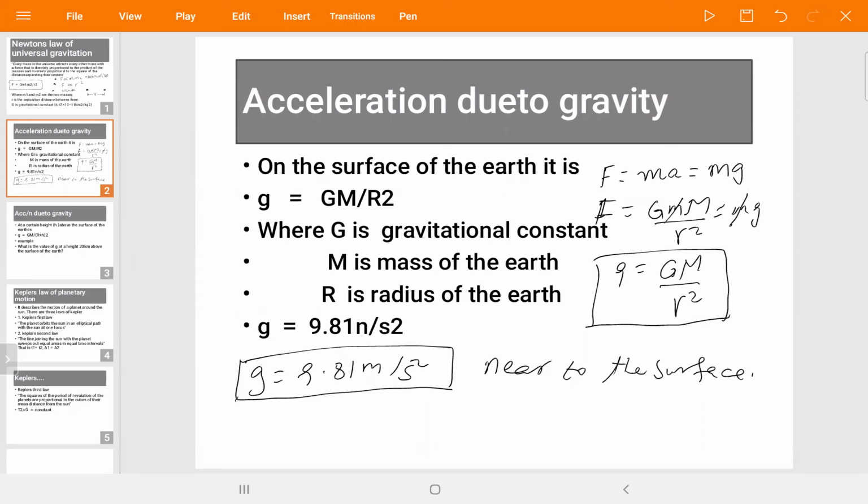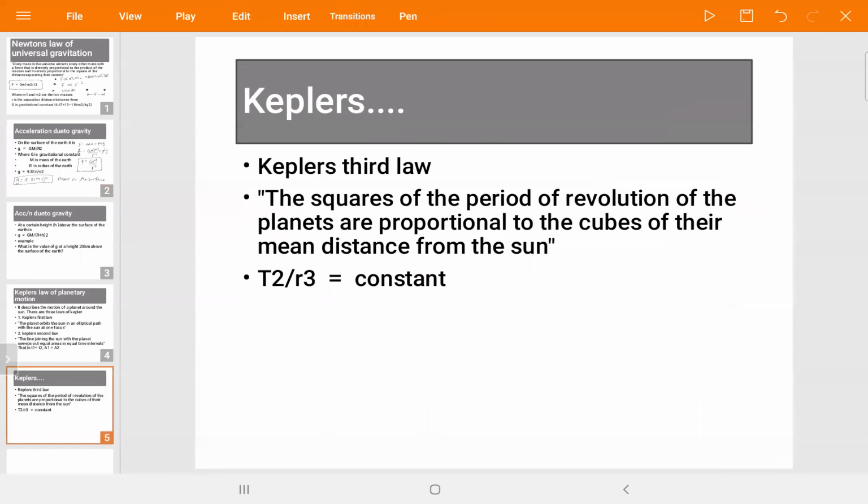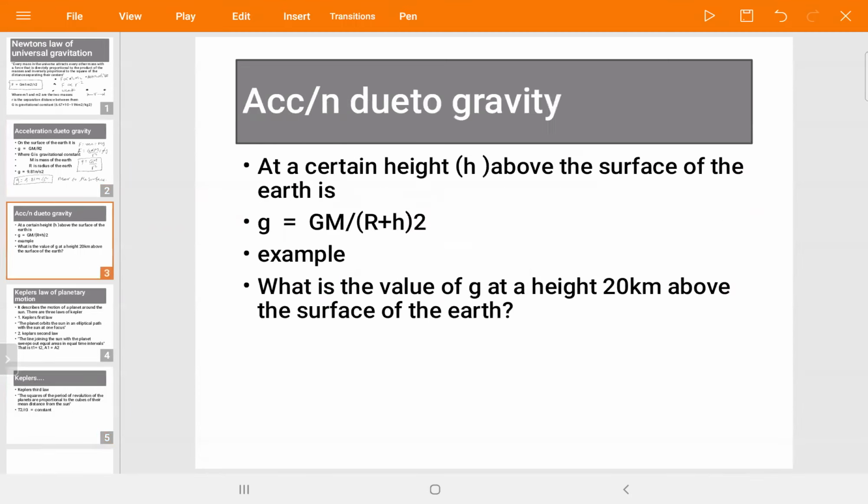And the other one, this value varies based on the place where the object is placed or found.